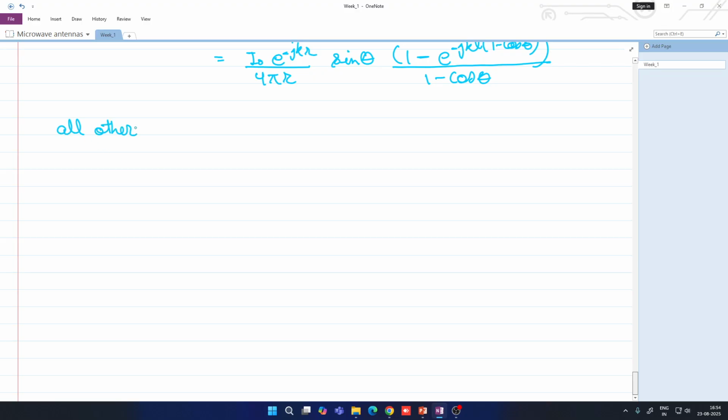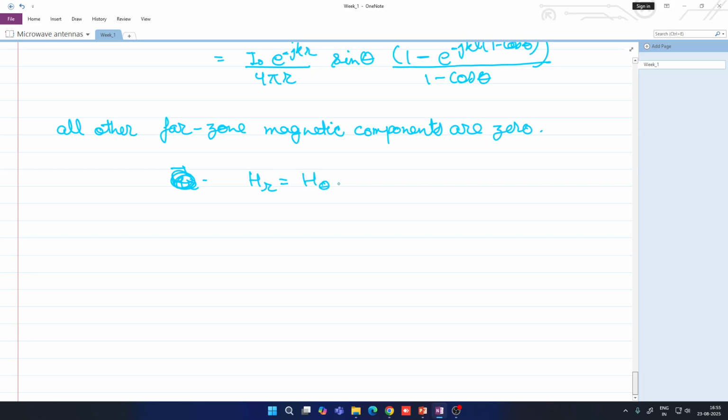And all other far zone magnetic components are 0. That means H r and H theta are all 0.